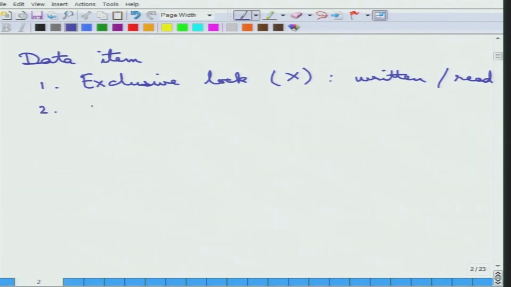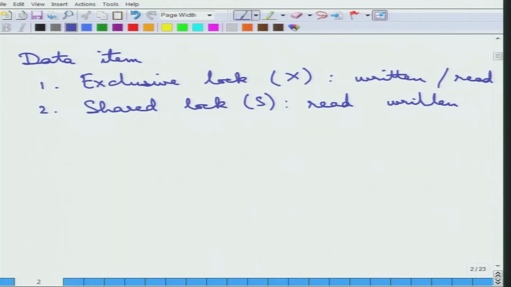The other type of lock is the shared lock, denoted by S, which means that if the transaction obtains a shared lock on the data item, it can only read. The data item cannot be written; it can be only read by the transaction. So these are the two important things, the exclusive lock and the shared lock.